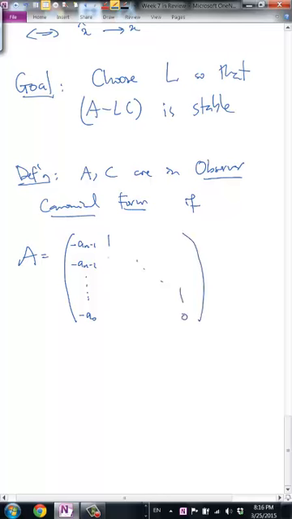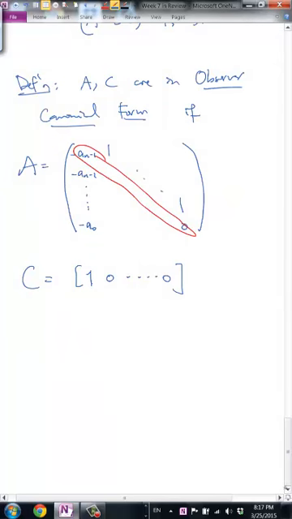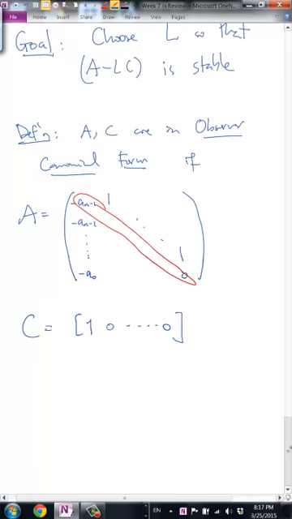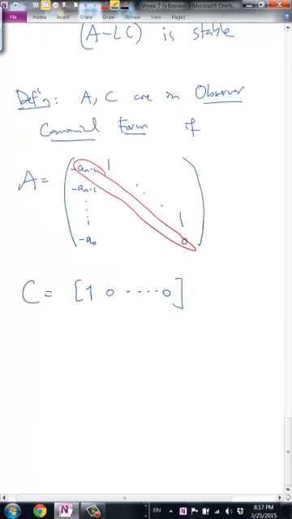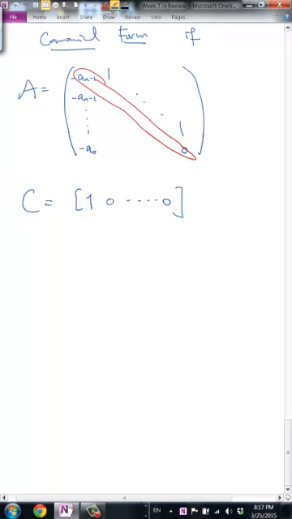Okay, so this is the diagonal, and the 1's are just above it. And C has to have the special form 1 and then 0s. So note how very, very similar this looks to reachable canonical form. In fact, these are just transposes of reachable canonical form.